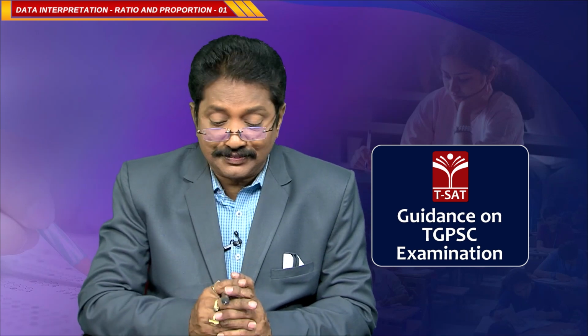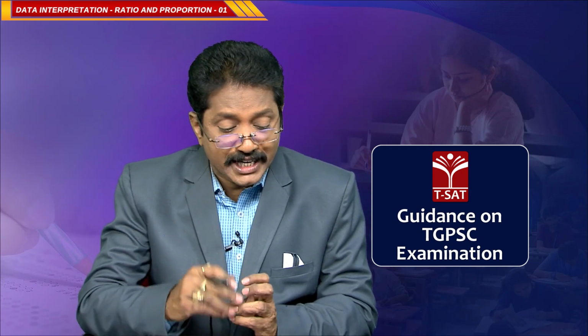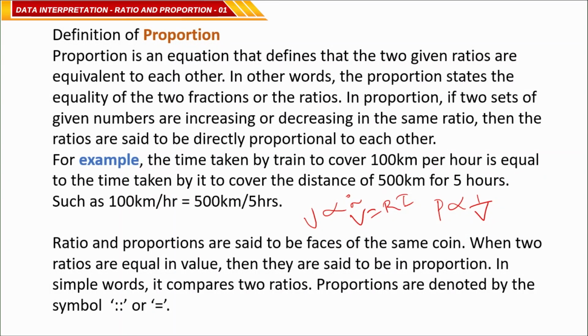In other words, the proportion states the equality of two ratios or fractions, where two sets of given numbers are increasing or decreasing. I will give a small example: kilometer per hour, meter per second.